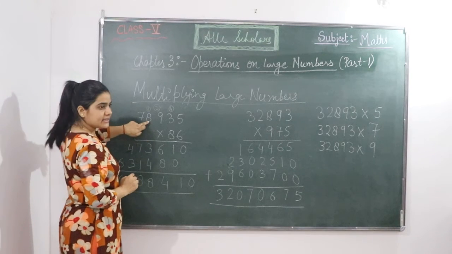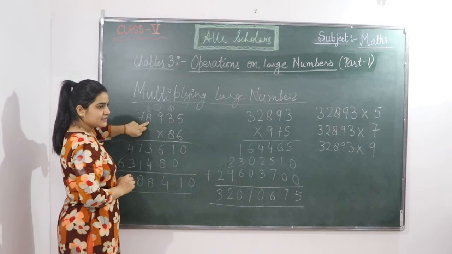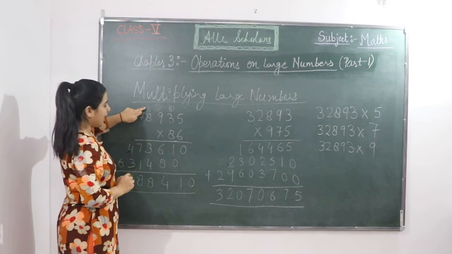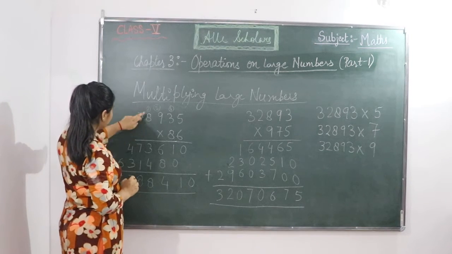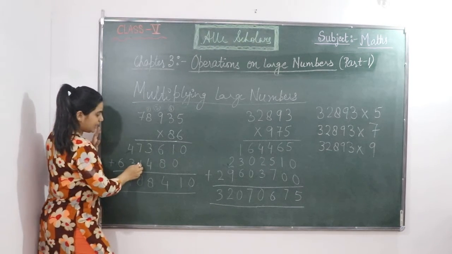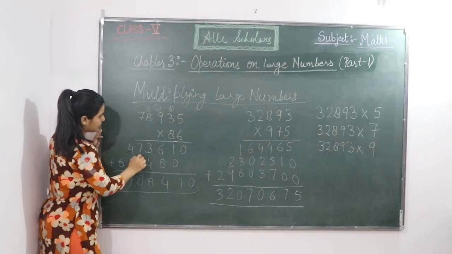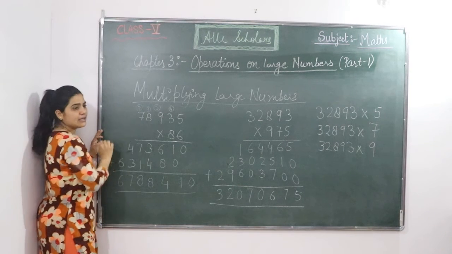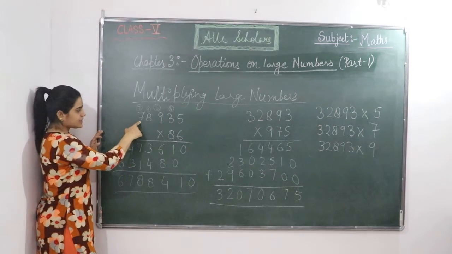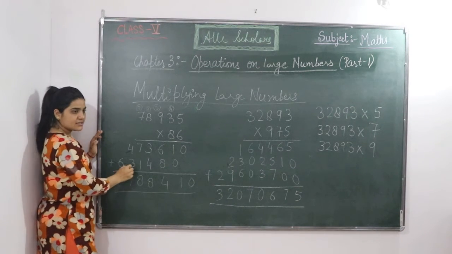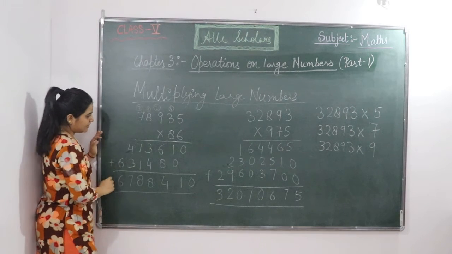Now 8 8s are 64 plus 7, so it gives you 71. So 1 will come here and again 7 will go as a carry. 8 7s are 56 plus 7, 63.